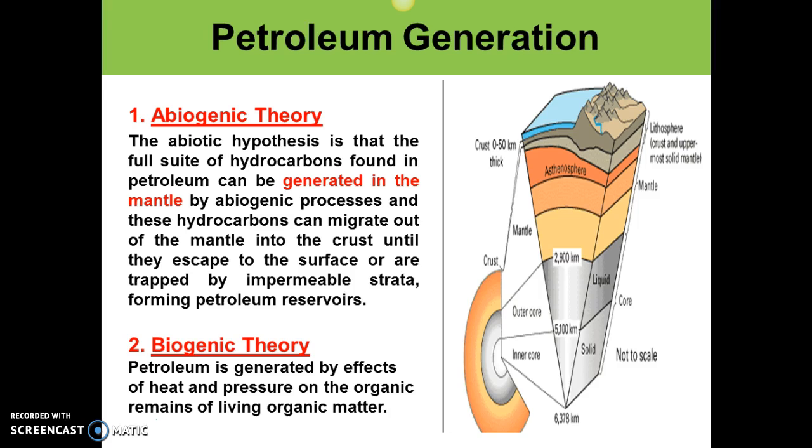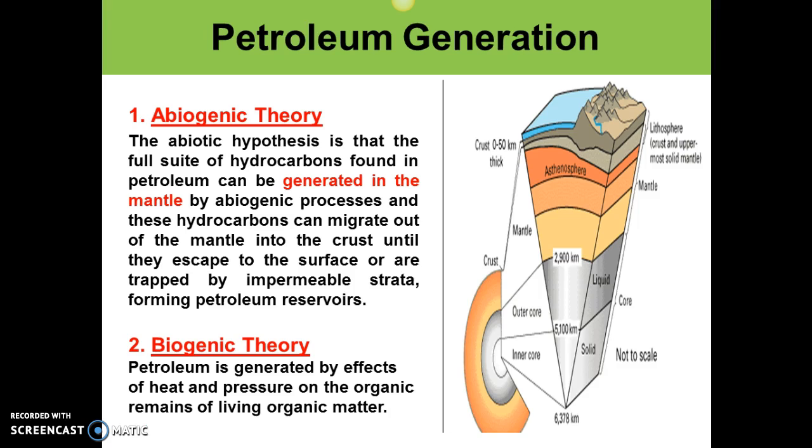This theory is more reliable than the abiogenic theory and mainly agreed upon and used by scientists worldwide for some reasons. This theory proposes that petroleum is generated by the effects of heat and pressure on the organic remains of living organic matter in the subsurface.